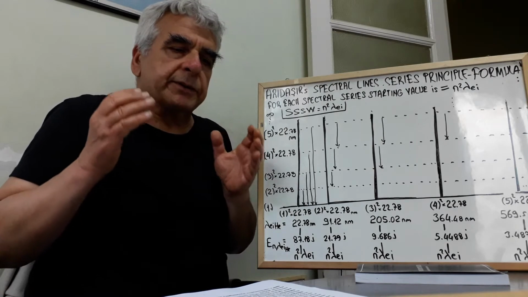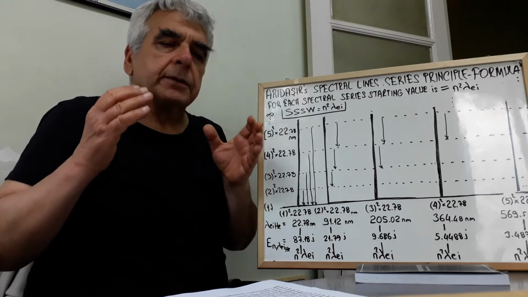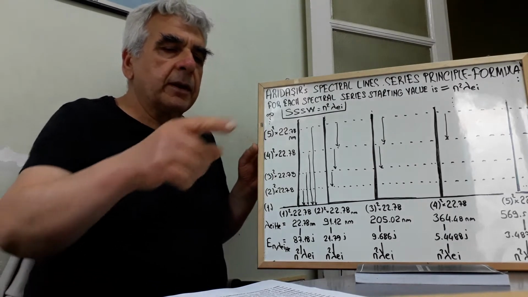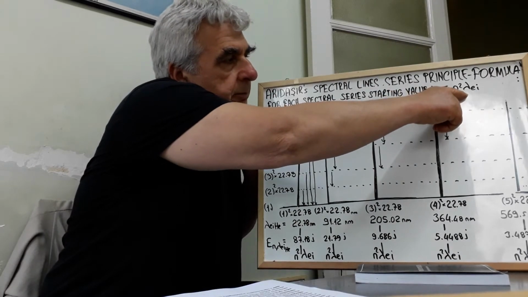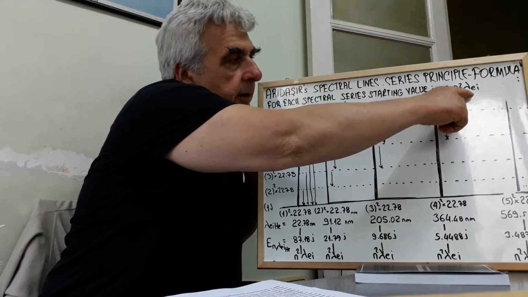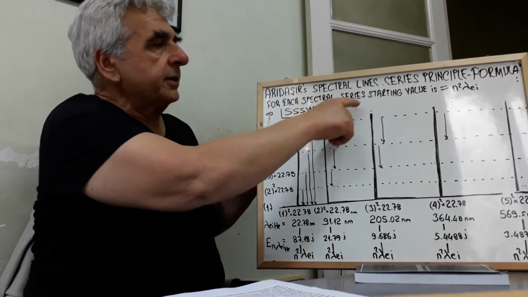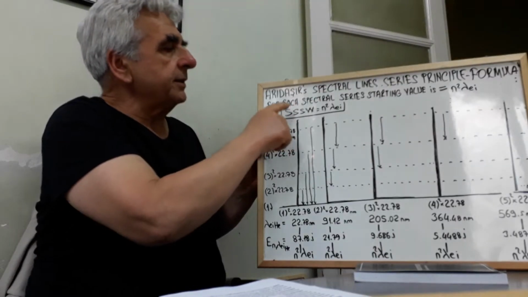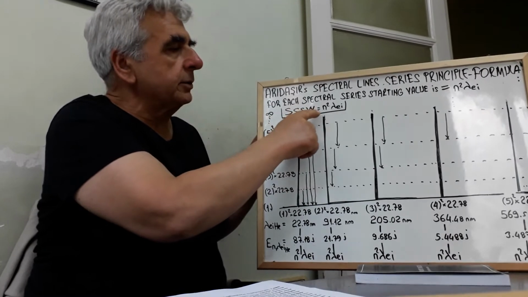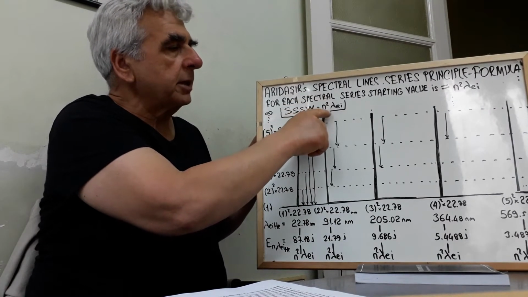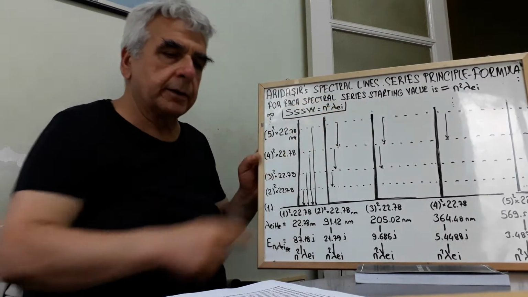All spectral series starting value is equal to n square multiplied by lambda EI, or spectral series starting value, SSSV, equal to n squared multiplied by lambda EI. Okay.